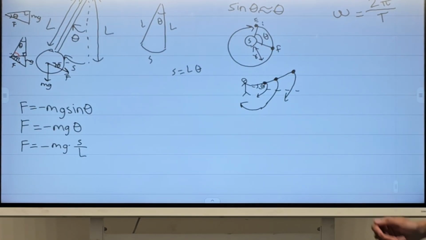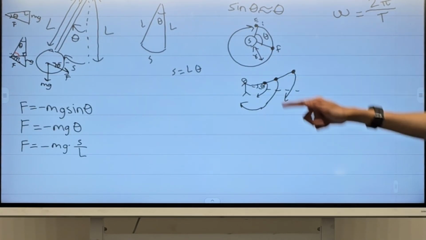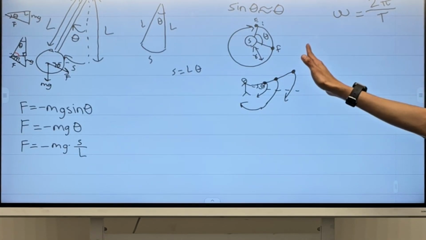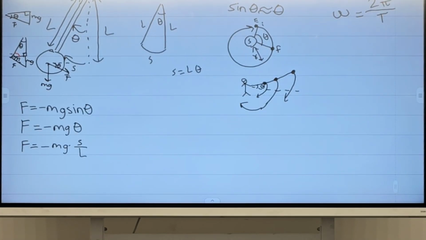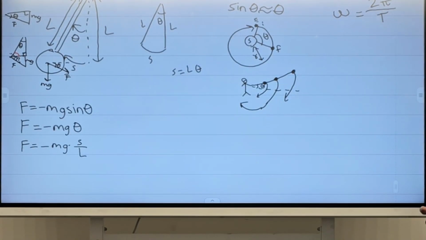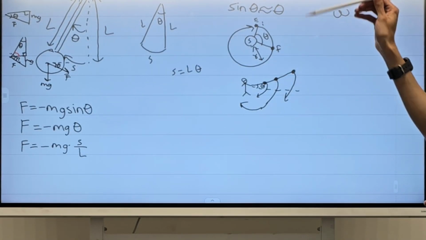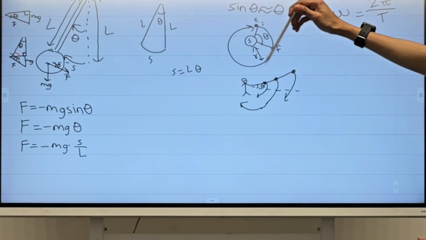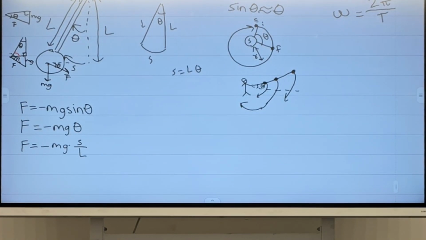Doesn't matter how long the rope is, doesn't matter how far away the planet is from the sun, angular velocity is all we care about. How much the angle changes per time, basically. So 2 pi is the total circle that you go through. T is the total time taken for that circle, the time period, aka how long it takes for you to come back to your original position.